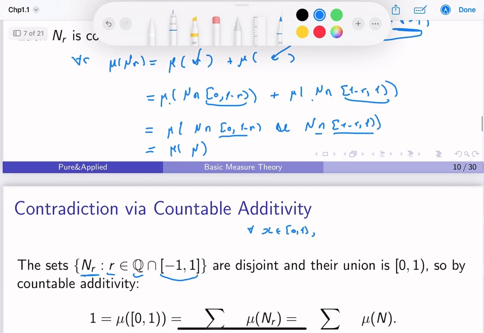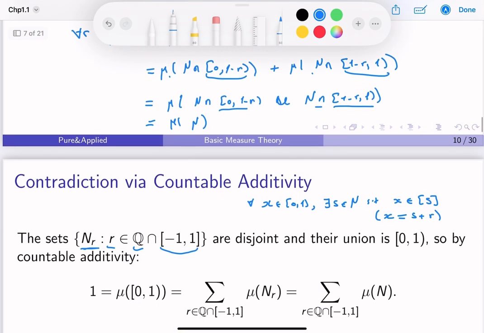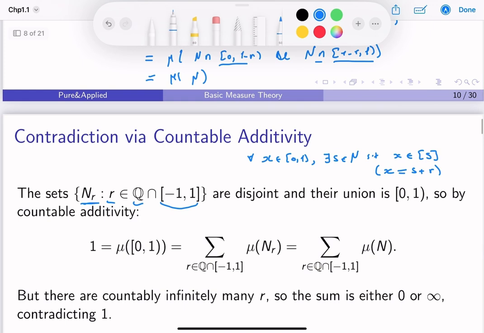But this means that there is some s in N such that x belongs to the equivalence class of s, in other words, x is equal to s plus some rational number r. Bottom line is, if I take all of these N_r's, they're going to union up to [0, 1], because as I mentioned, every x can be written as such.